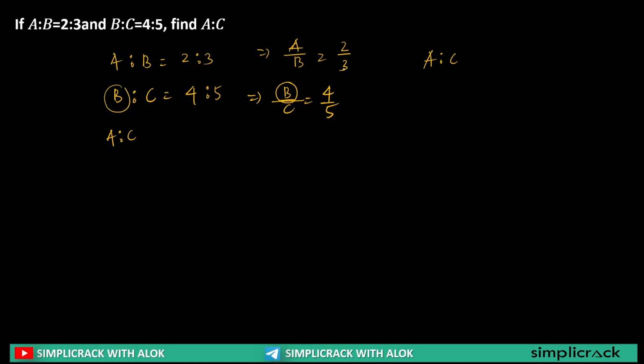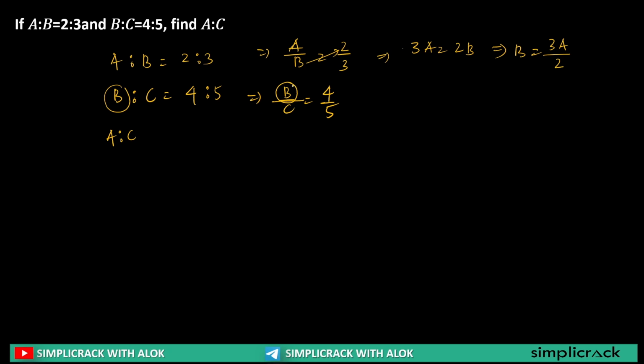So here a by b is equal to 2 by 3. So sir, can I write 3a is equal to 2b, or I can solve it, b is equal to 3a divided by 2? Yes sir, you can write it. You can write 3a by 2.